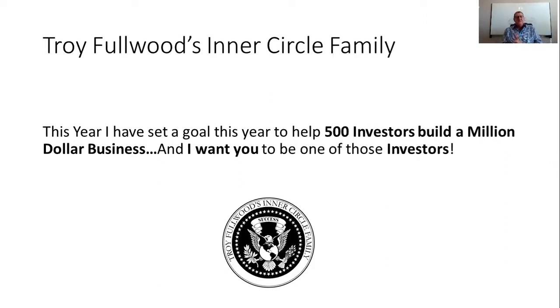And this is the year I've set a goal to help 500 investors build a $1 million business, which is $1 million in transactional history. When I got started in the business, we used to have this thing called a millionaire circle. And I got into that circle in 9 months. I was the fastest person to ever do it in the history of the American Cash Flow Association, which is no longer in business, which is kind of funny.